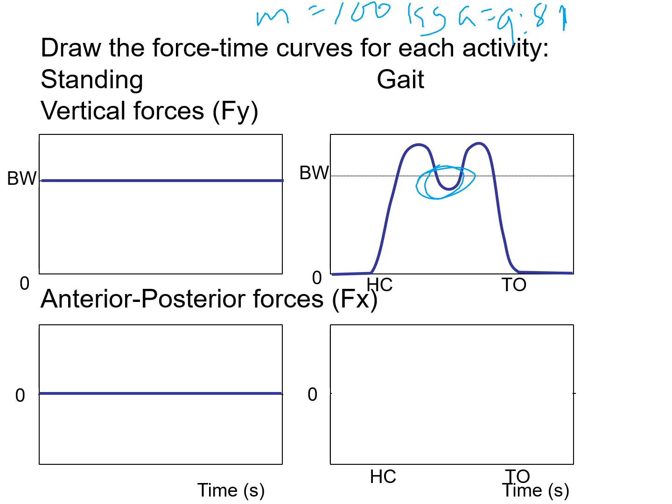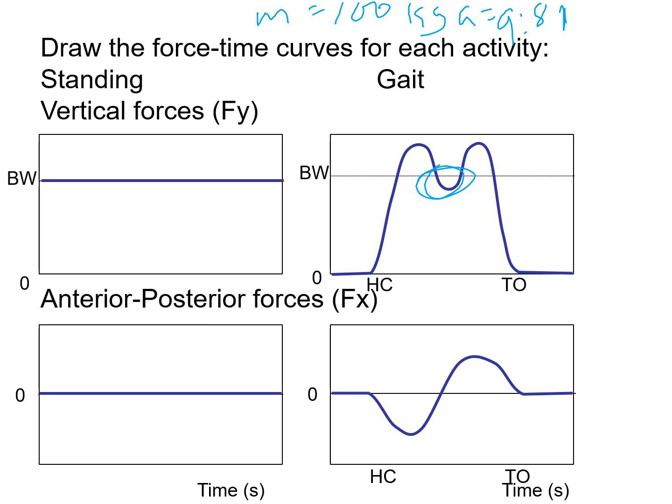If we're looking at the anterior-posterior forces, or F of x, we see the same thing. It's a little bit broader, but we see essentially the same. We are just standing there. There's nothing. As soon as our heels strike the ground, okay, it's going to be negative.